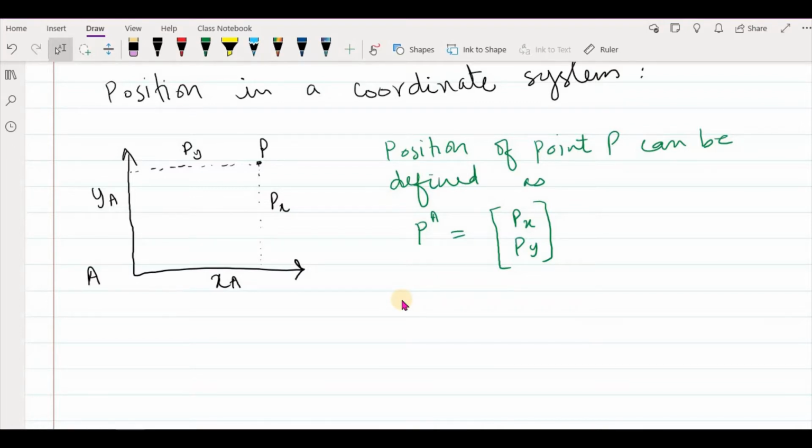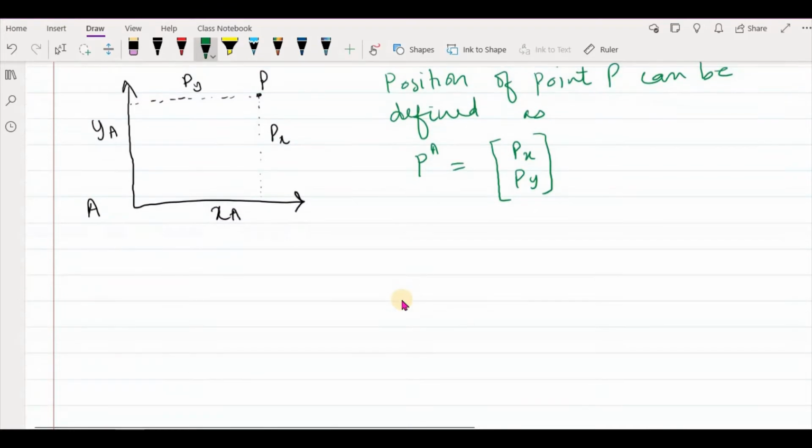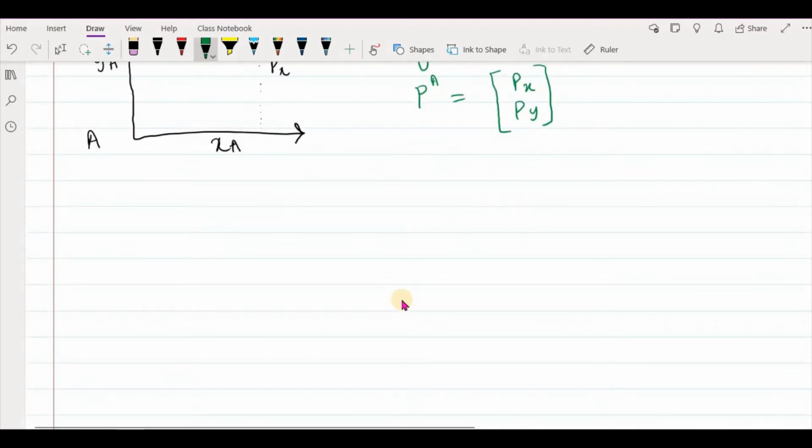Of course, if we are using a 3D frame, then we have to use something like this. We define a 3D coordinate system, let's say this frame is B, with XB, YB, and ZB. And here we have a point P in this.